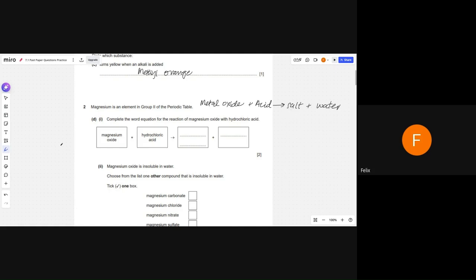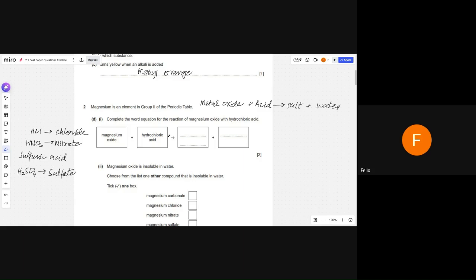Hydrochloric acid gives us chloride salts. If it's nitric acid, HNO3, that gives us nitrate salt. And if we are using sulfuric acid, with the formula H2SO4, that gives us a sulfate salt.